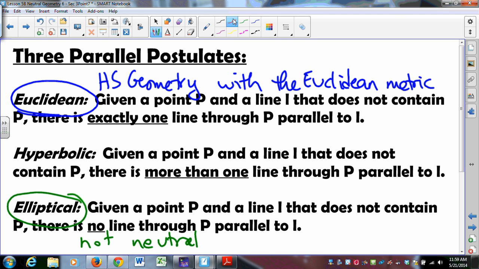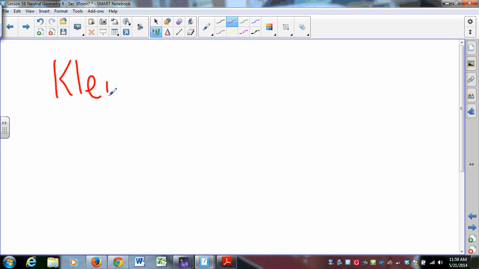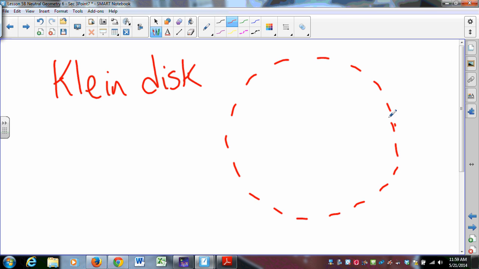So a bulk of our course is going to be spent coming up with a model for hyperbolic geometry. The model for hyperbolic geometry is the Klein disk. And the Klein disk is the disk where x squared plus y squared is less than 1.